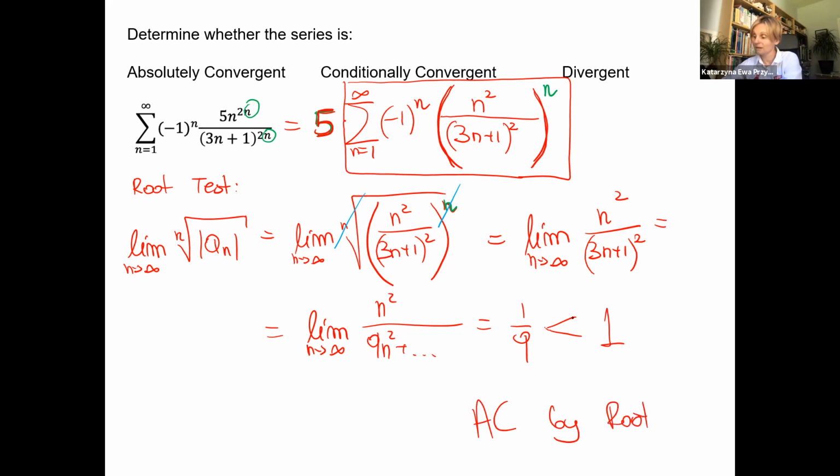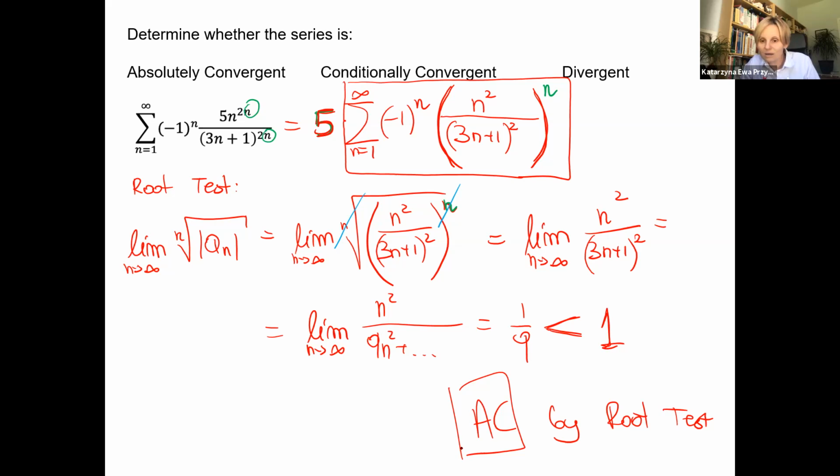Because we remember the number must be less than 1. If it's less than 1, it's always positive because absolute value is involved. If it's less than 1, we have absolute convergence. If that limit is greater than 1, it is divergent. Yeah? And that's it. If the limit is equal to 1, then it's inconclusive. We can't use it.